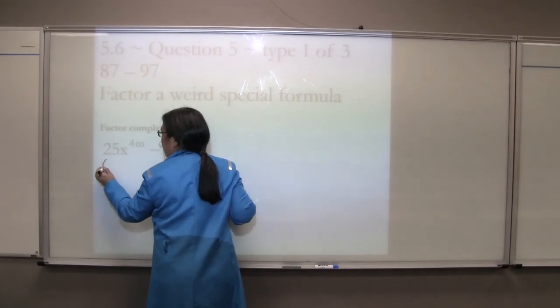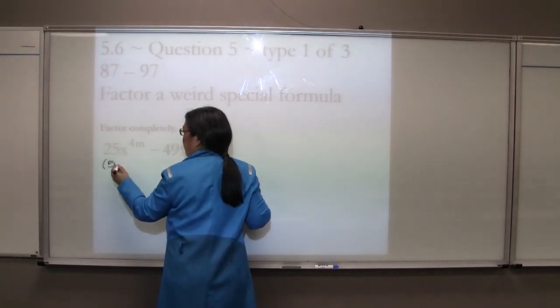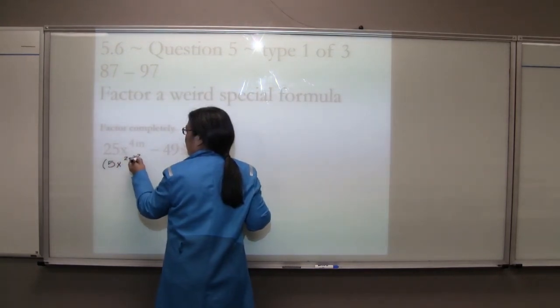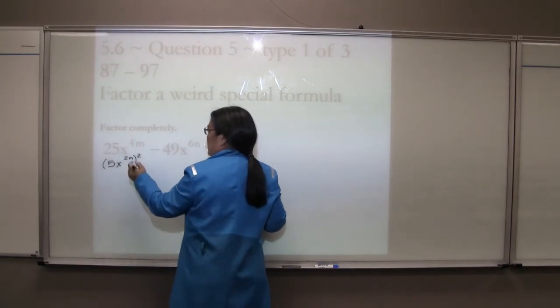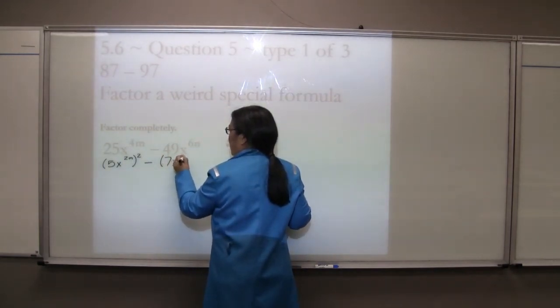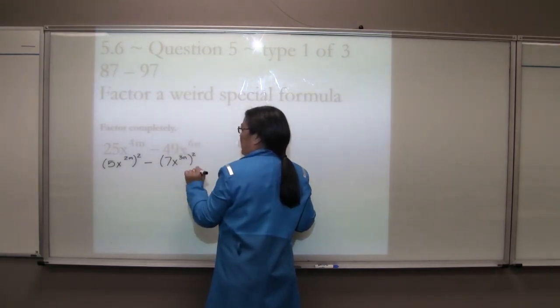Let's take a look at that a little more closely. 5 times 5 gives you 25, and x to the 2m. If I squared each of those, that's how I would get that. And 7x to the 3n. If I squared both of those, I would get that.